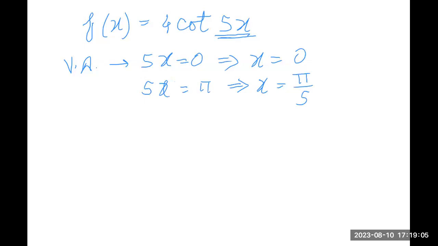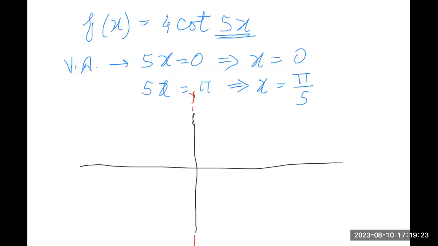So you draw your axes, with a vertical asymptote at 0, and then at pi over 5, and negative pi over 5 also.